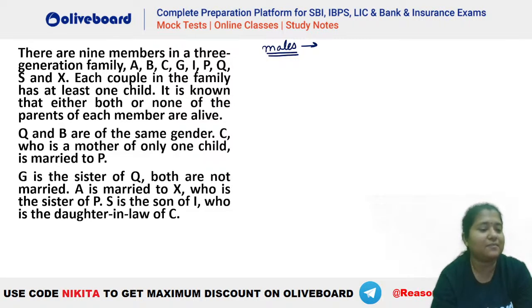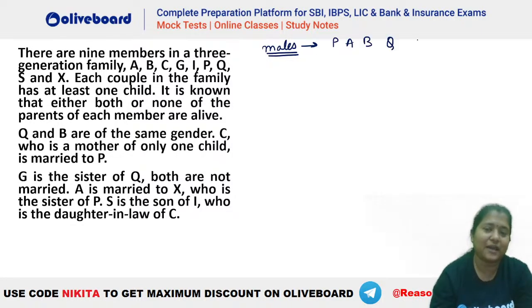Who are the male members? P, A, B, Q, S. Okay, let's see. P, A, B, Q, and S. So 5 male members. Chalo.